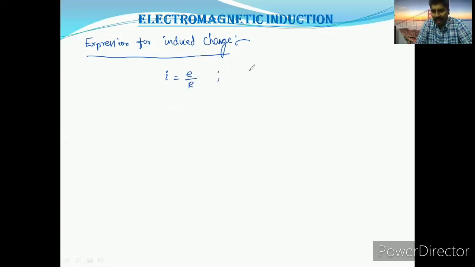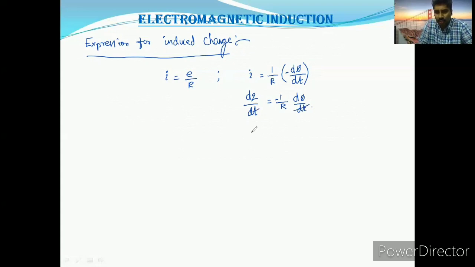So here I is equal to E by R, with d phi by dt, minus. But we know current is equal to charge by time, so dq by dt is equal to minus 1 by R d phi by dt. Now dt cancels. So dq is there. I want q, so integrate and we can get the q value.